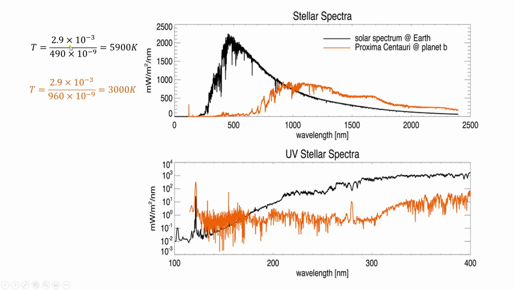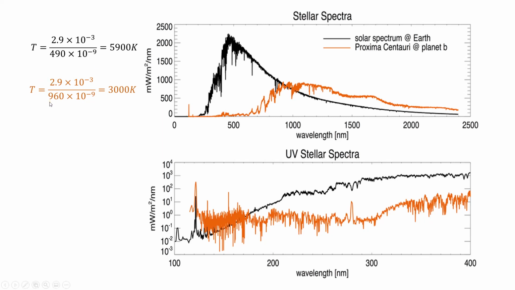Popped it into Wien's displacement law, and out comes a temperature of getting on for 6,000 Kelvin, 5,900 Kelvin. Something like that. Your answers are going to be approximate, and I've rounded this to 2 significant figures because the amount of data that I have going in is no better than 2 significant figures. And arguably we might even only be able to do 1, depending on the kind of screen you're trying to do this on. So if you're on a phone screen, you might be struggling to get anywhere near this number.